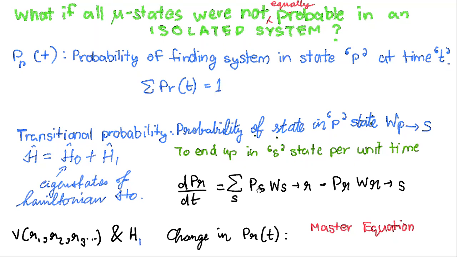Now S could be any state, so there is a sum over the many different states. The different systems are in different states, and some of them are changing from state S, where S could be 1, 2, 3, 4, anything except R, and a certain number of them are going from S to R, and that is leading to an increase in the probability P of R, or you could say it's going to increase the number of systems that are in R.